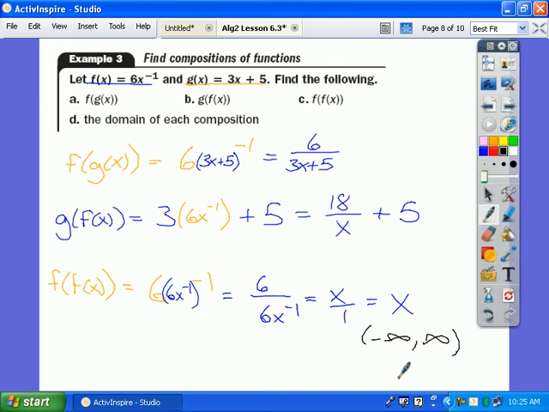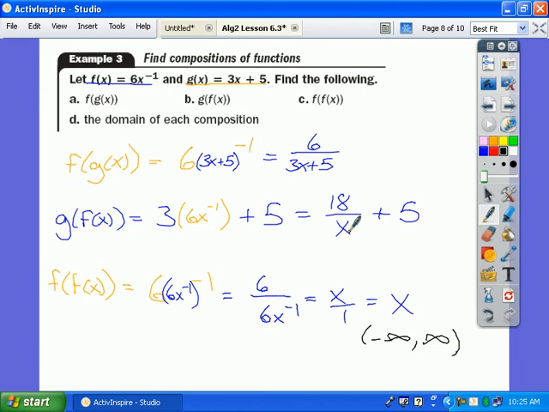On the second example, there's one number that I'm not allowed to plug in, and that is 0. I'm not allowed to have x be 0, because then I would get 18 divided by 0, and that's undefined.